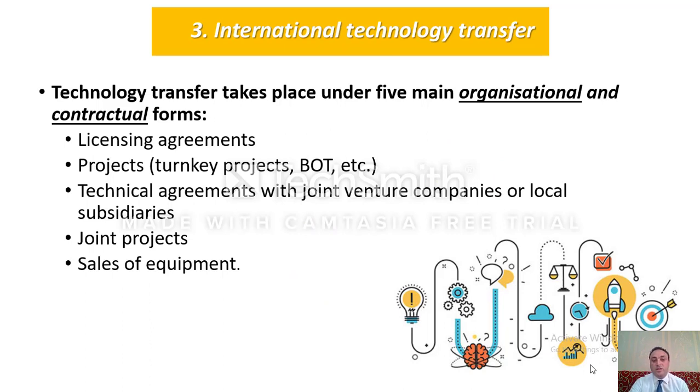So, technology transfer takes place under five main organizational and contractual forms, as we saw before, like licensing agreements, which is one of the contractual forms, turnkey projects or BOT projects, technical agreements with joint venture companies or local subsidiaries and partnerships, joint projects, sales of equipment, and so on.